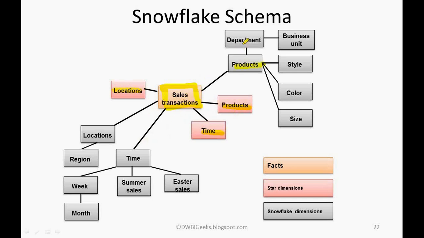And these products are related to various other data. So we have a tree kind of structure, like a nuclear chain reaction. Here we have only one fact, but this fact has a direct relationship with some dimensions, and those dimensions have relationships with some more other dimensions. This type of schema is called a snowflake schema.